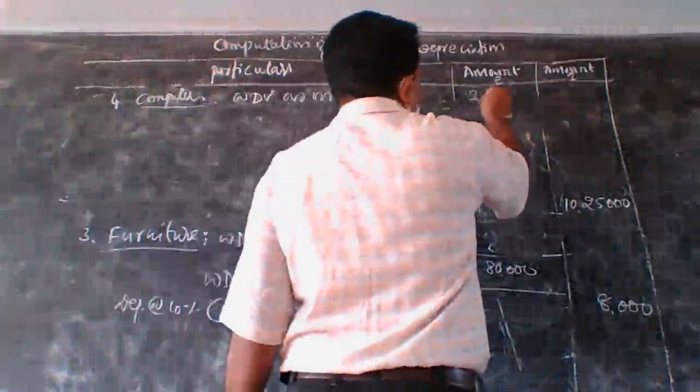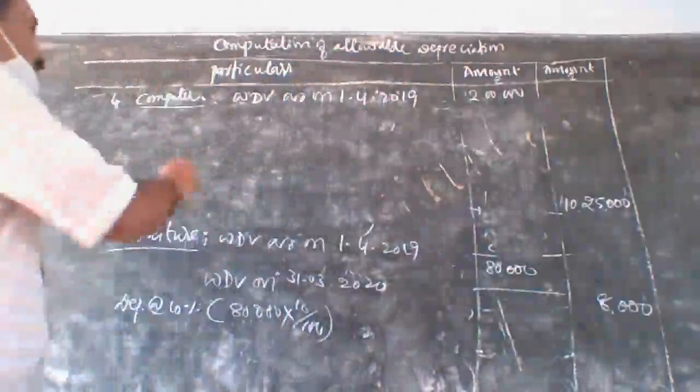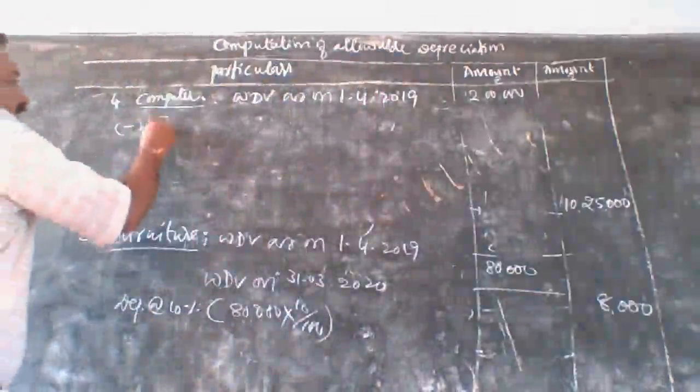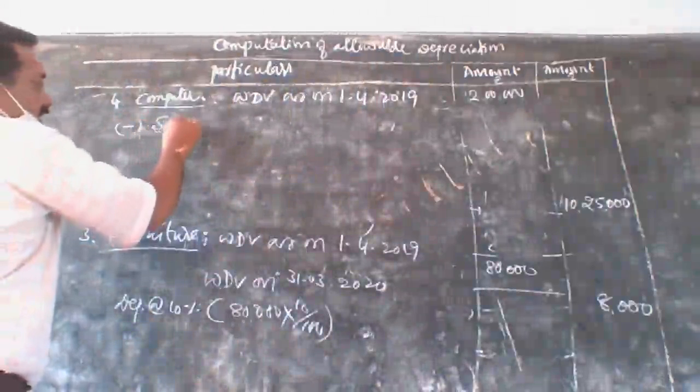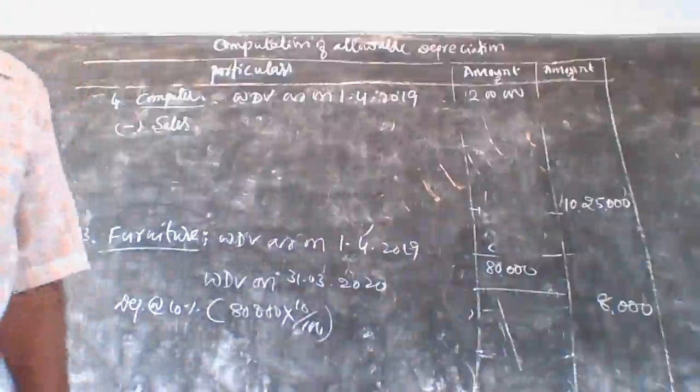Is there any purchases? Less sales. How much? 30,000.